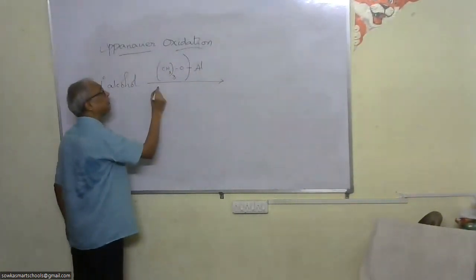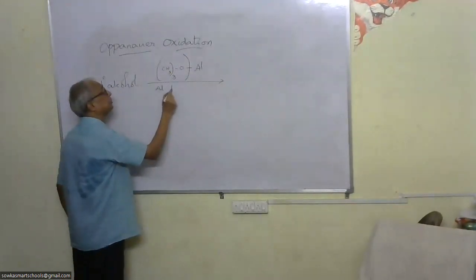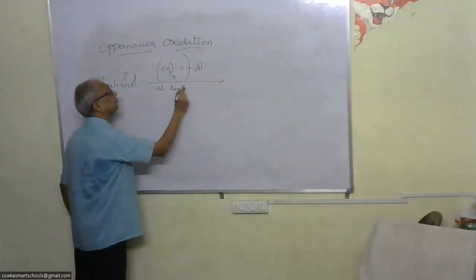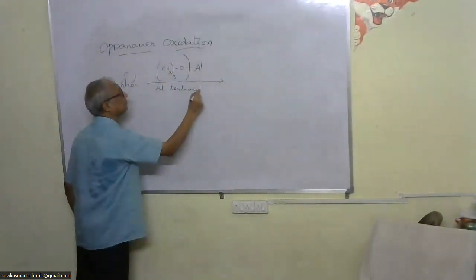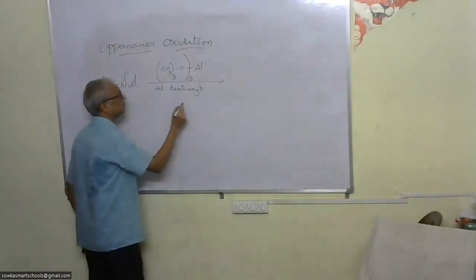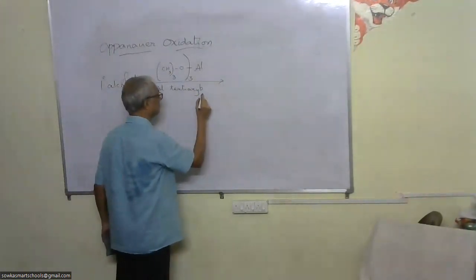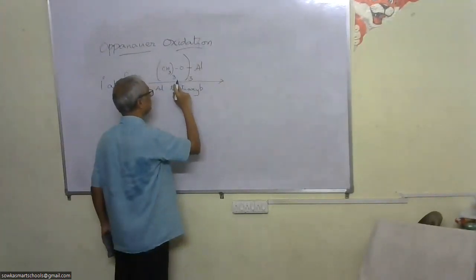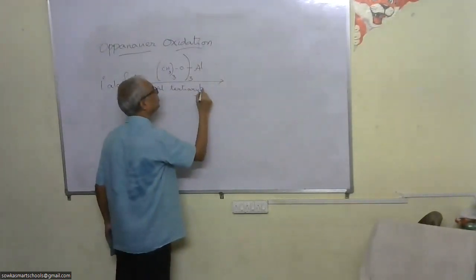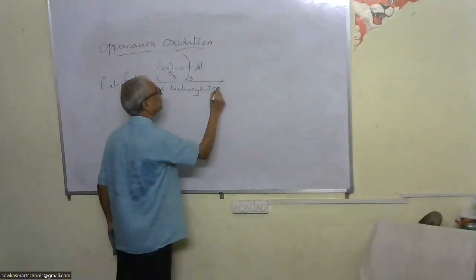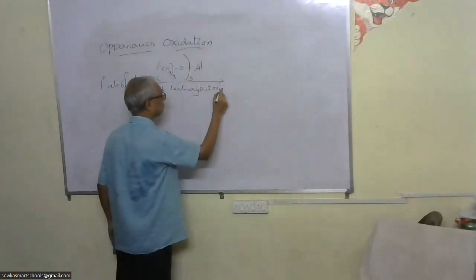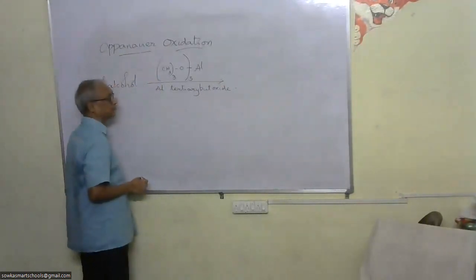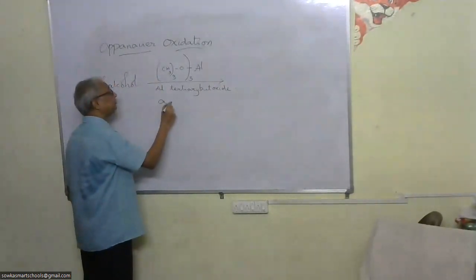It is also known as aluminium tertiary butoxide, in the presence of acetone.